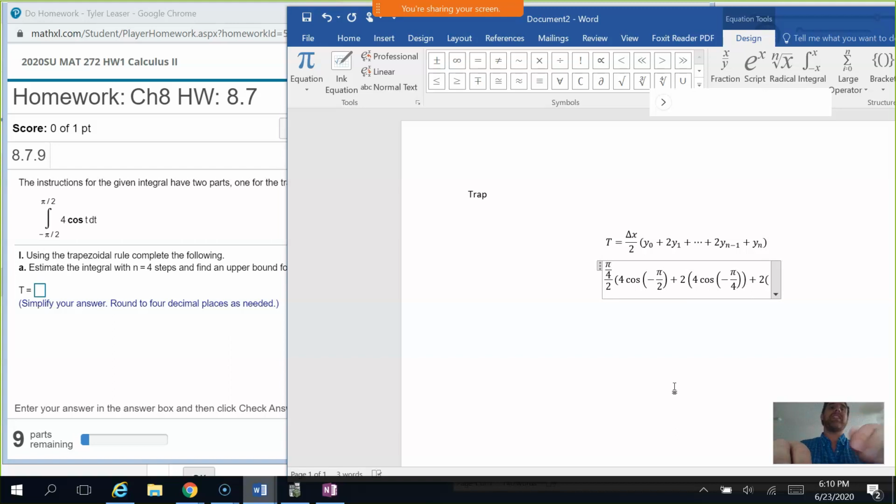Plus 2 times the next one would be 0. So 4 cosine of 0. Plus 2 times the next one would be 4 cosine of just regular pi over 4. Plus the last one would just be 4 cosine of pi over 2.